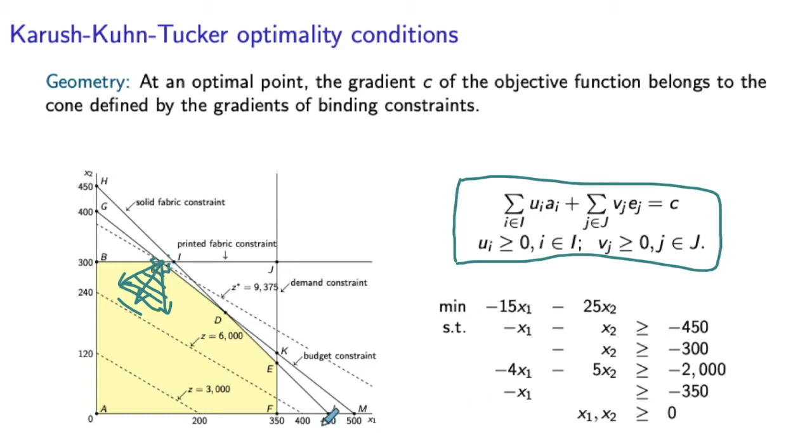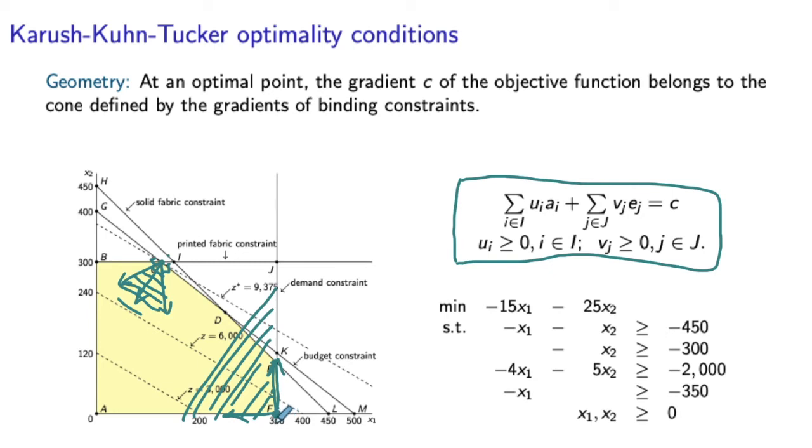On the other hand, if we look at a point like this one, point F right here, then we can see that the cone generated by the gradients of binding constraints will look like this. So the gradient for the demand constraint is something like this, then the gradient for the active non-negativity constraint will look like this here, and the cone generated by these two is going to be here.